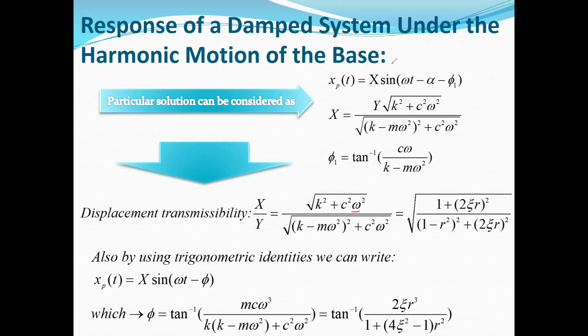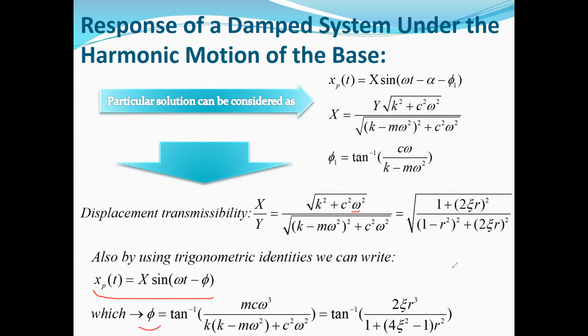Now we can simplify the particular response, and also we can write that x_p(t), the particular response, is equal to X sine omega t minus phi, where phi is the angle phase of the response, and in fact phi is equal to alpha plus phi1, and we can obtain phi, the angle phase, as a function of zeta and r. Again, you can see that the angle phase is a function of the damping ratio and frequency ratio.